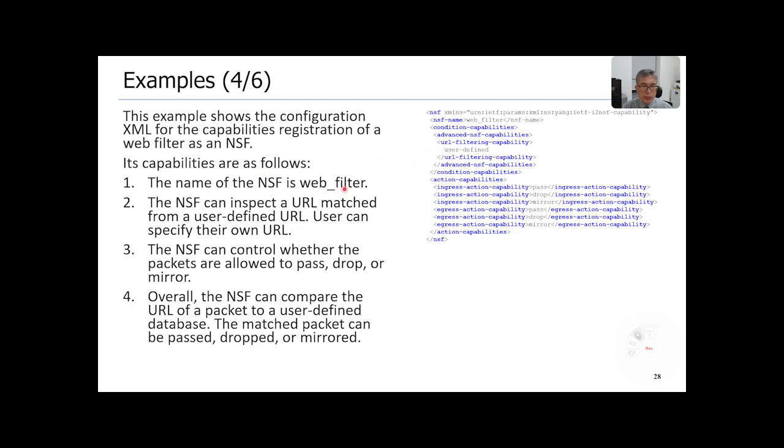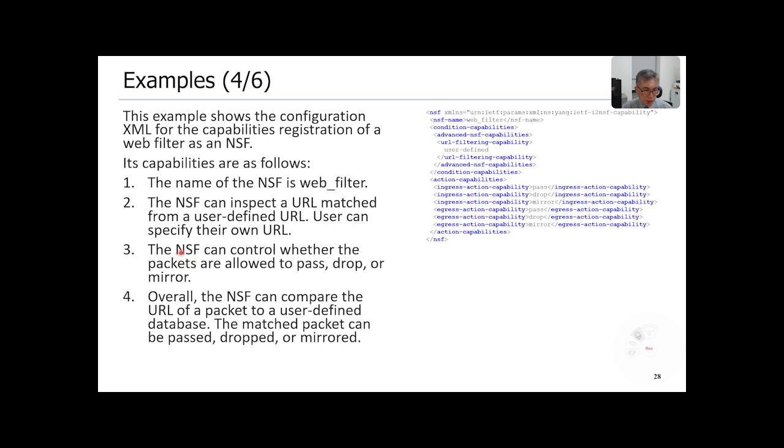A URL filter capability is user defined, and URL domain should be used for matching. So the name of the NSF is web filter. NSF can inspect the URL matched from user-defined URL. Users can specify their own URL like a domain name.